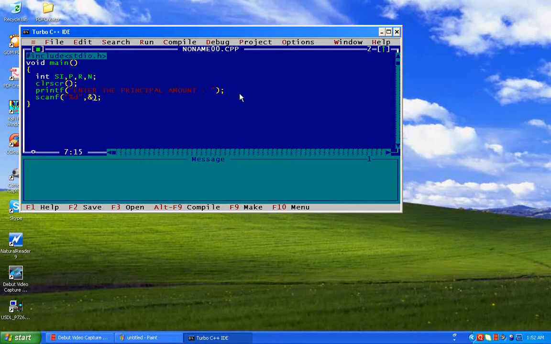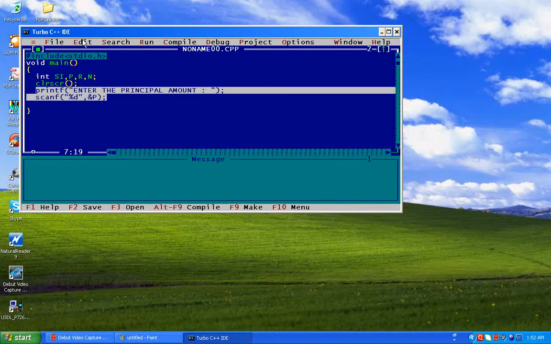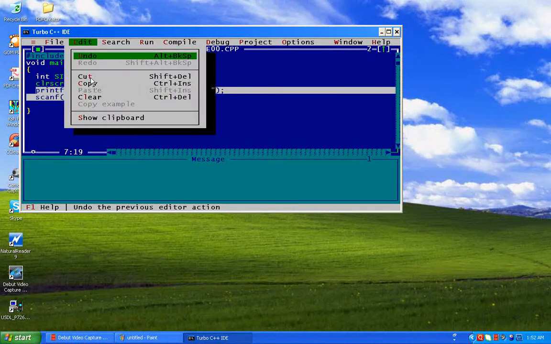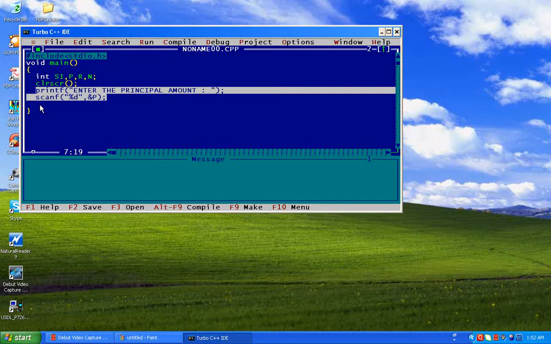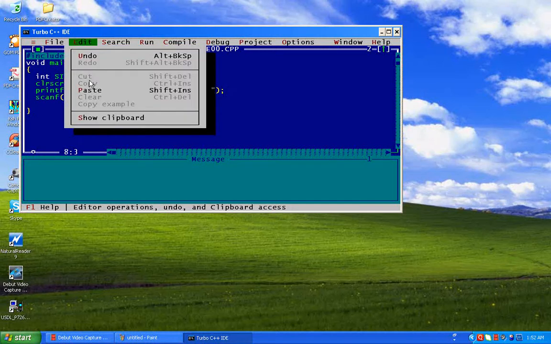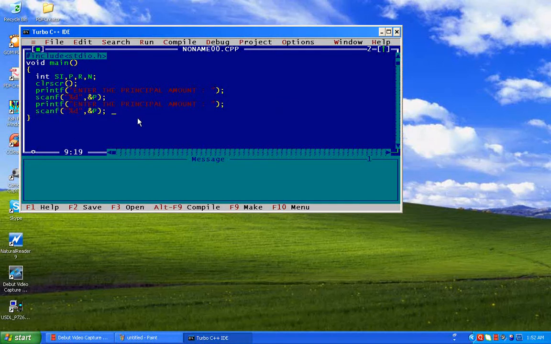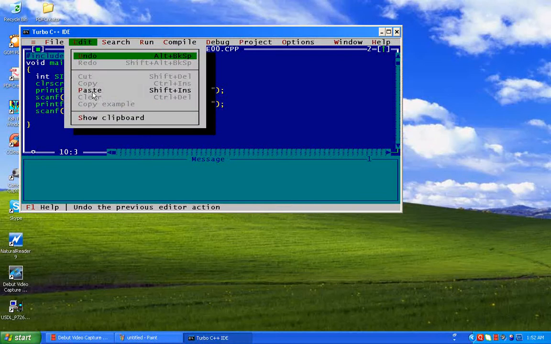Scanning part is over. Now the user will give you three values, that is P, N and R. Depending on that you calculate. SI is equal to P, multiplication we are using star, N star R. The whole, so we will write it in bracket, divided by 100.